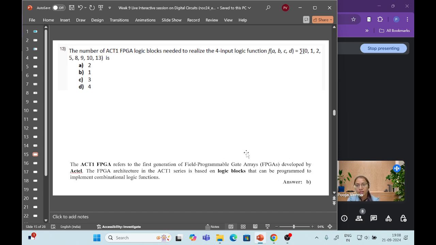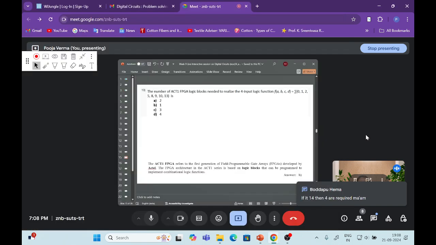So the next question is the number of Act 1 FPGA logic blocks needed to realize the 4 input logic function, that is ABCD.